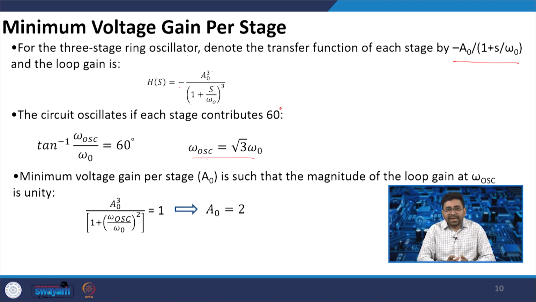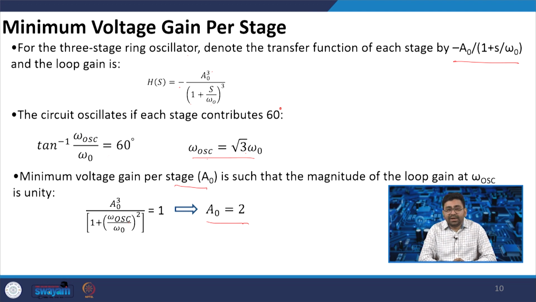Now, what is the gain you require? So, the minimum voltage gain per stage is A naught. If we try to make H(s) equal to 1, it is A naught cube divided by this, where at the oscillation frequency omega oscillation is root 3 omega naught. What you will get is A naught equal to 2.